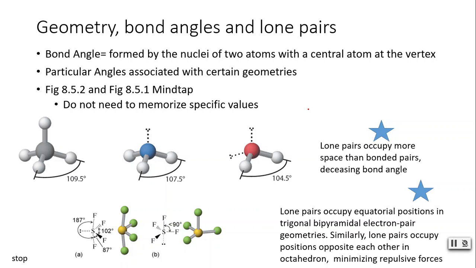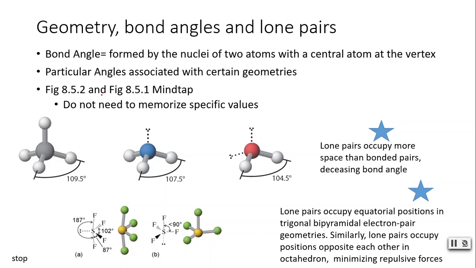In the MindTap online homework, you see notation of bond angles associated with these molecules. MindTap has two figures that list the corresponding bond angles for the particular geometries. You do not need to memorize those specific values. You will maybe need to use those for some of the online homework questions, and we will revisit this angle concept in chapter 9.